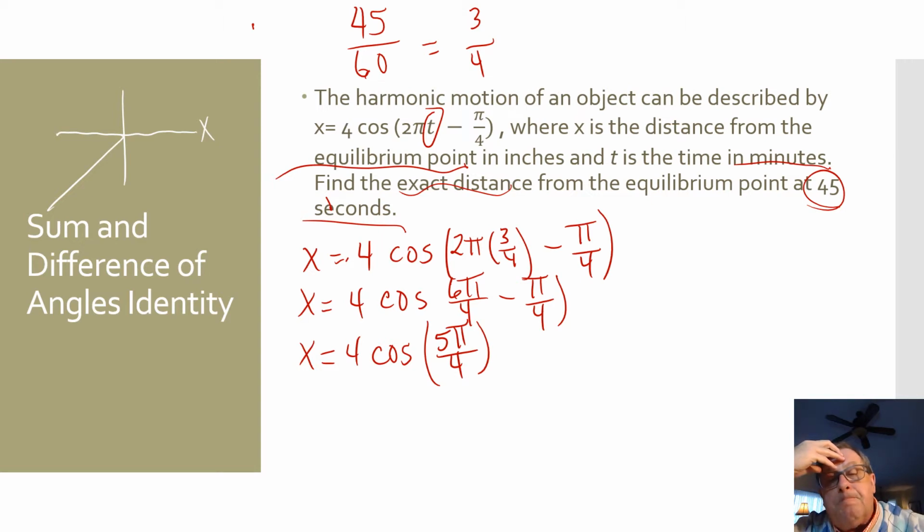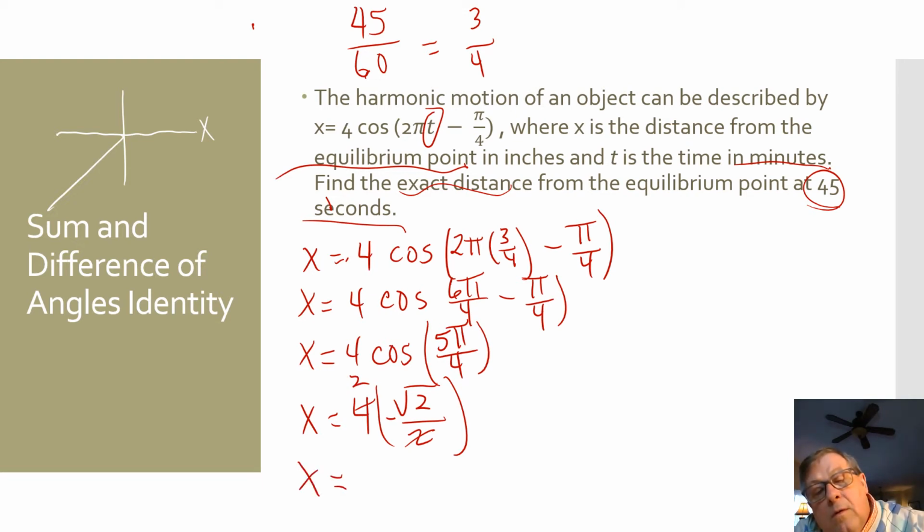I do. It's the square root of 2 over 2, and that's negative. So x is equal to 4 times negative square root of 2 over 2. We can simplify this a little bit to where x equals negative 2 square root of 2.